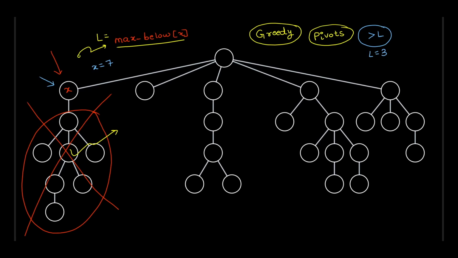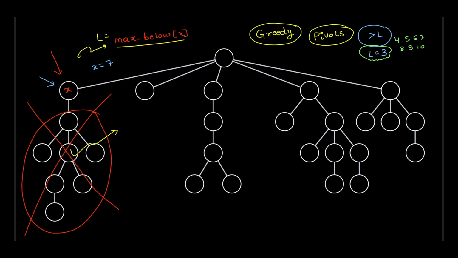Now you can see that all the leaves that will be exposed, the maximum value of these leaves will of course have to be strictly greater than 3 because it deleted 3. So it has to be 4, 5, 6, 7, 8, 9, 10, etc.